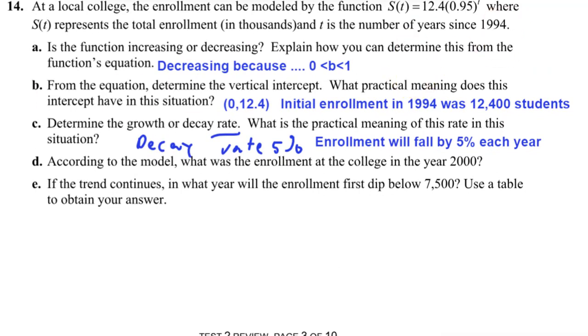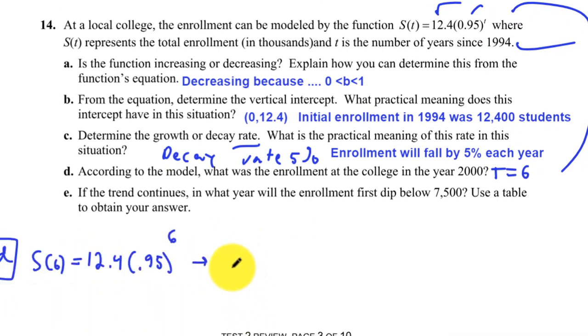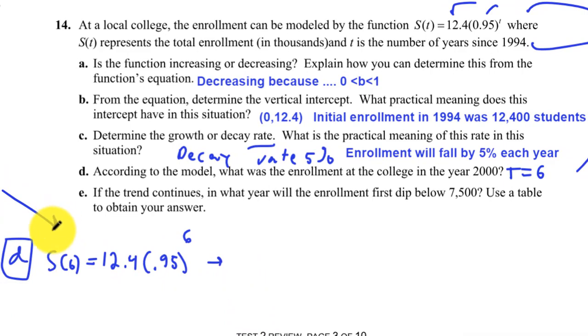So remember, our base year is 1994. So 2000 corresponds to t equals 6, right? So I have to sub a 6 into my original equation. All right, so for letter D, let me write this out. So I wrote the equation down here. And again, it's coming from this equation.